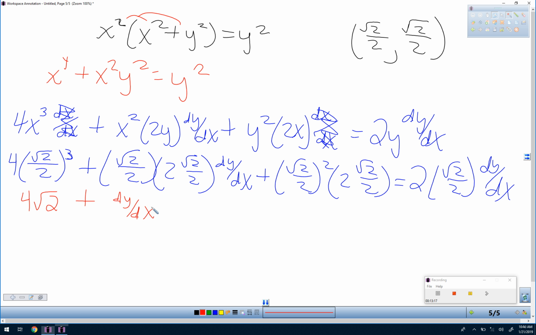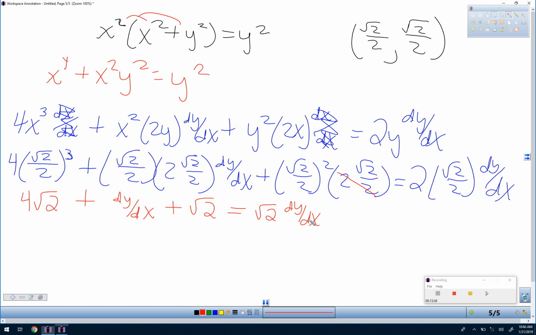And again, pause the video and do the arithmetic if you need to. And then over here, that would just cross out, so that would give me 2 radical 2 over 2, so that would just give me radical 2 equals radical 2 dy/dx.